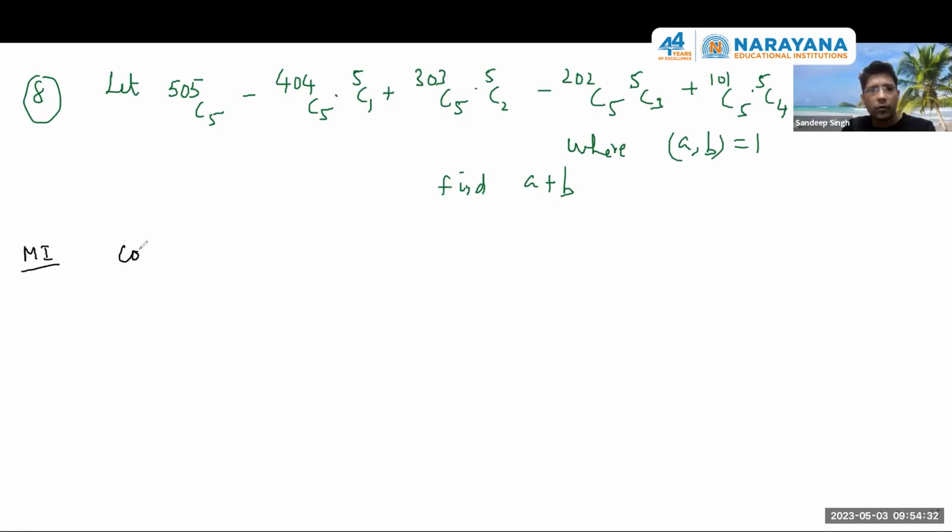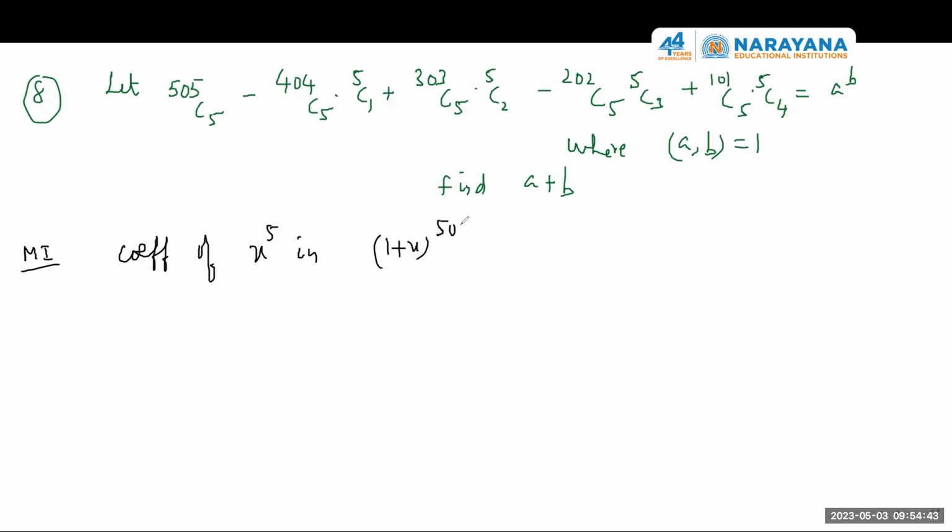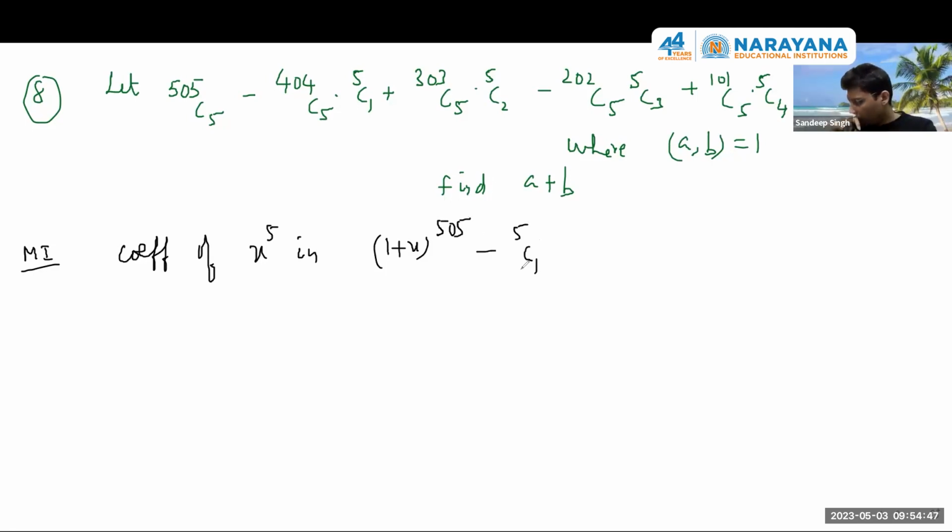you are doing this through method 1. Coefficient of x power 5 in 1 plus, this is what you are doing. Yes. And then minus 5c1 and what? 1 plus x power 404, like that. 5c2, 1 plus x power 303.